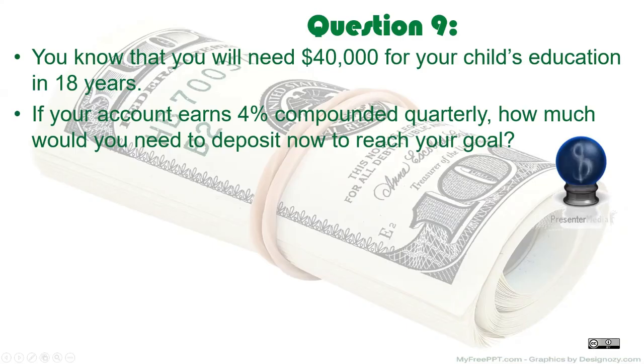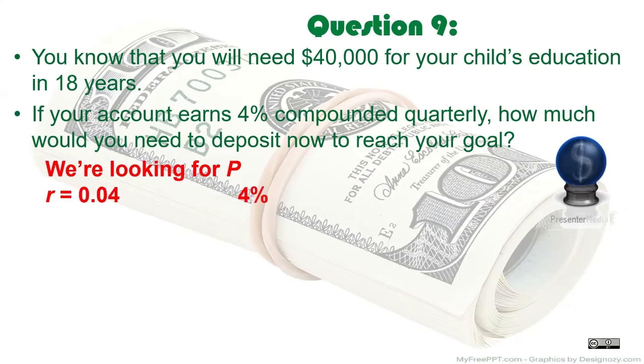In reviewing what we did on the whiteboard, we showed that we're looking for P, which is the principal. Our rate is 4%, and we converted that into a decimal. Our N, meaning the number of times it's compounded during a year, is 4 for quarterly.